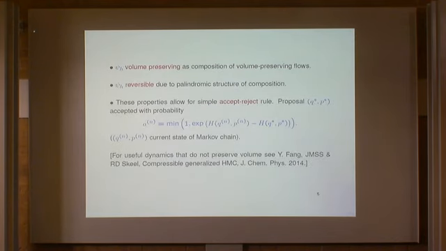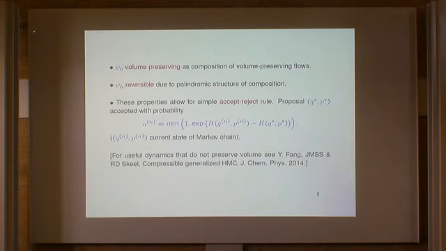And it's very important for the use of this method to notice that this map that advances the solution, over one step or over many steps, doesn't matter, has some properties. One of them is that it is volume preserving, and the other is that it is reversible due to this palindromic structure, a half, one, a half.